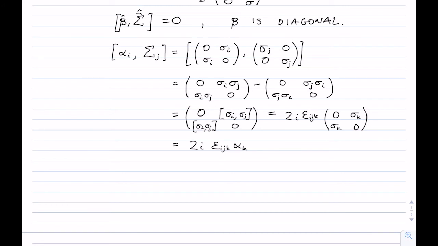So that's the commutation of alpha_i and sigma_j.